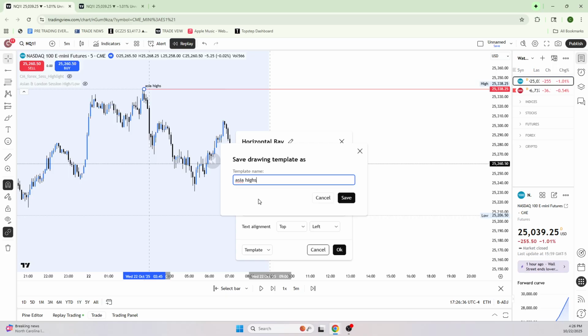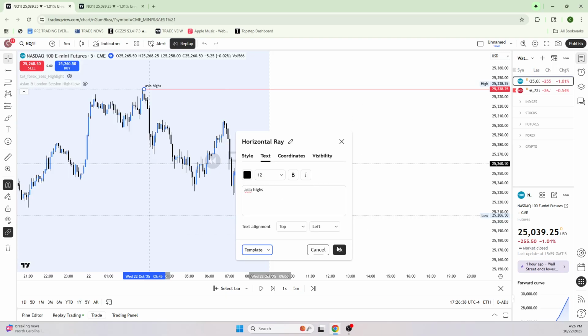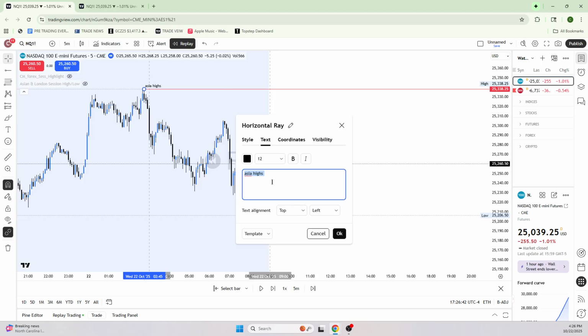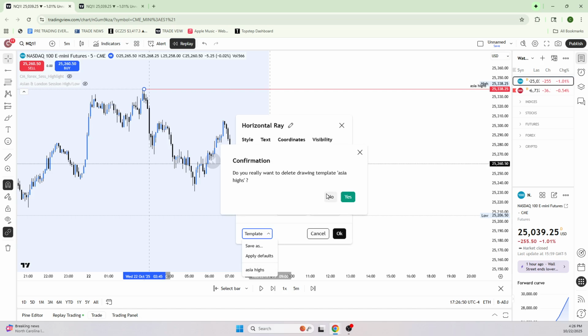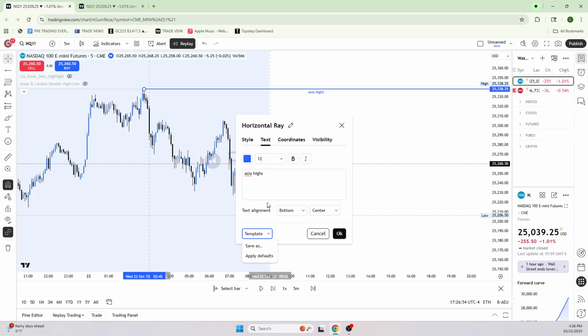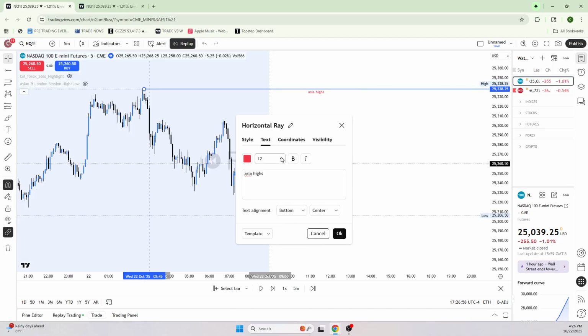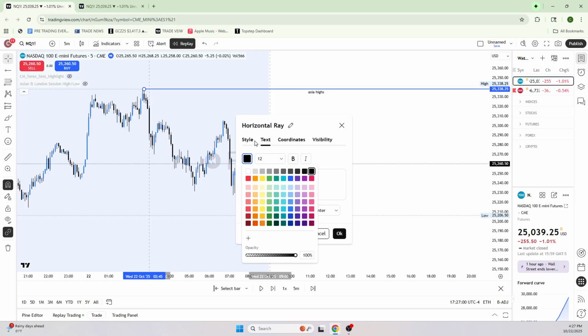I'm gonna do this so I can... Oh wait, I don't have one over here though. Top right. Templates. No. Text. Black.